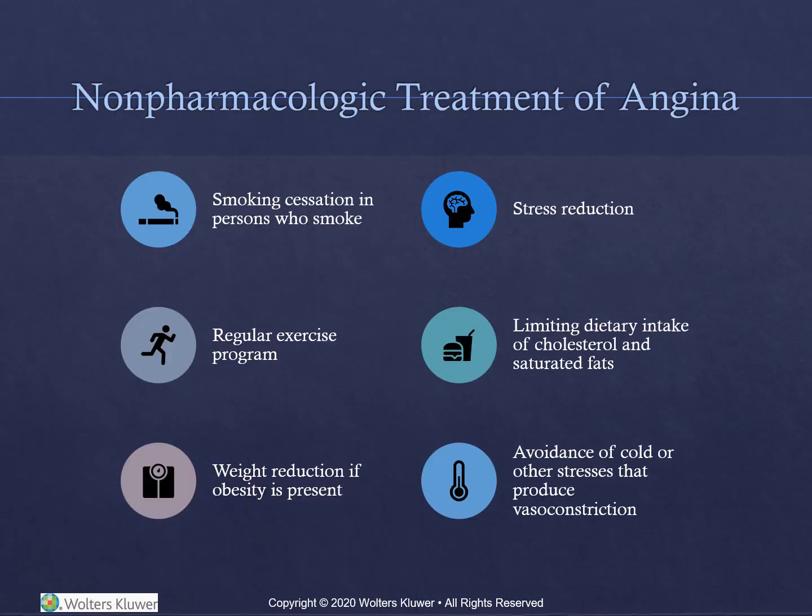So for patients with chronic or stable angina, these are some of the treatments that we might use to relieve or alleviate those symptoms. There are a lot of pharmacological agents that we can use in this space that you'll talk about in pharmacology.